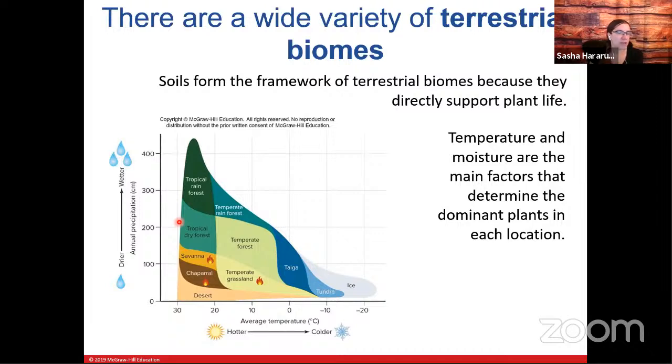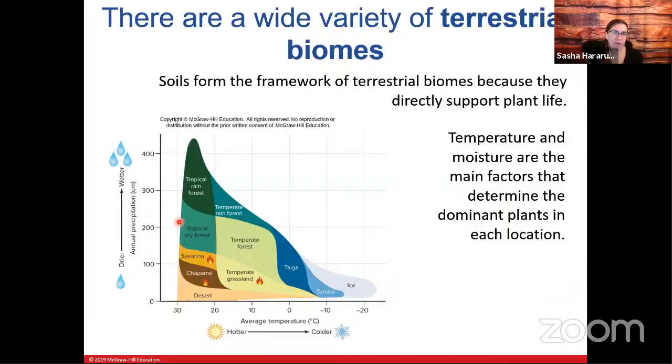Okay, so let me ask you this question: if suddenly in the area of the temperate grassland it starts raining more due to climate change, what's going to happen? Would this biome change into anything else over time?